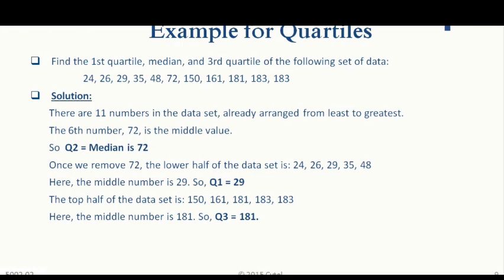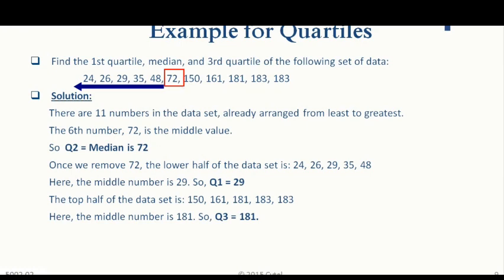Since there are 11, the middlemost observation is the sixth one, that is 72. So first we compute the median, that is 72 here. Now this 72 is splitting the array into two parts, the lower part and the upper part.